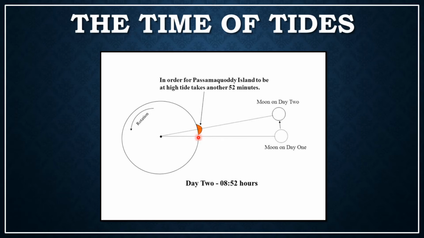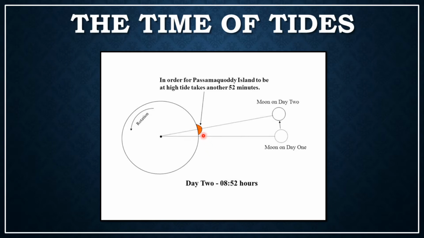And why does this not happen? Because along with the rotation of the earth around the sun, the moon is also rotating around the earth.